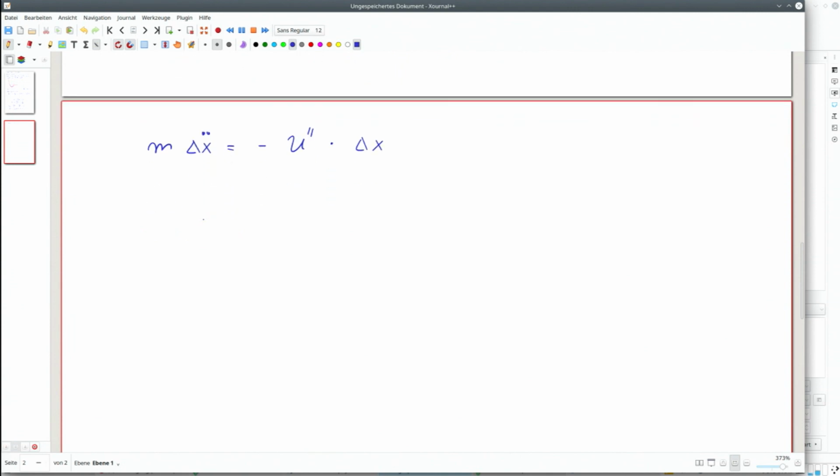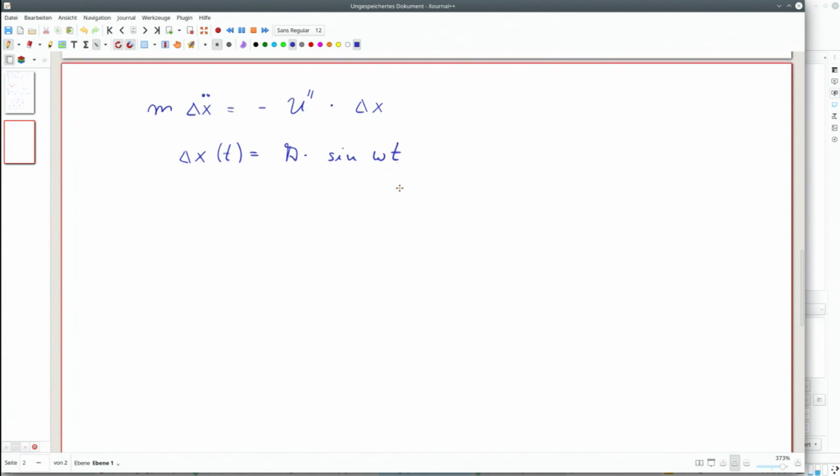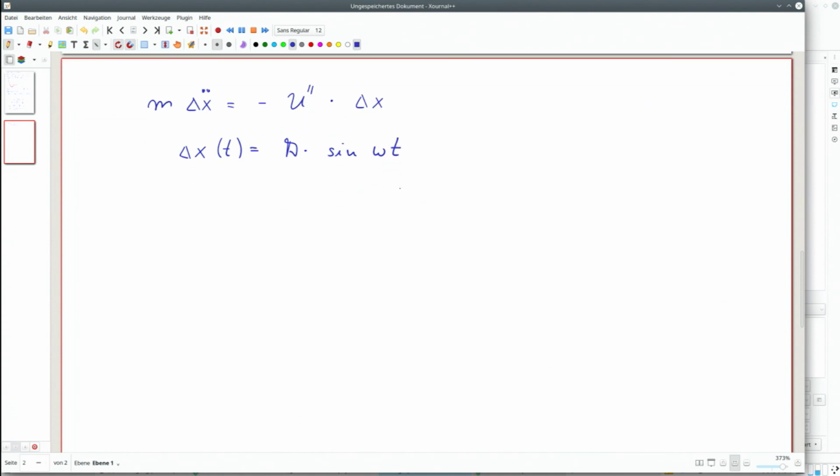That's the acceleration, or that's the force here, the total term here, and you all know that the solution is given by a sine or a cosine. I think that's more or less high school physics.